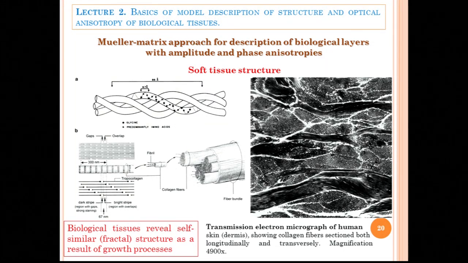It forms the tropocollagen. The tropocollagen forms the microfibrils and fibrils. Fibrils form the collagen fibers, and the collagen fibers form fiber bundles. So biological tissue reveals a self-similar fractal structure as a result of growth processes here.